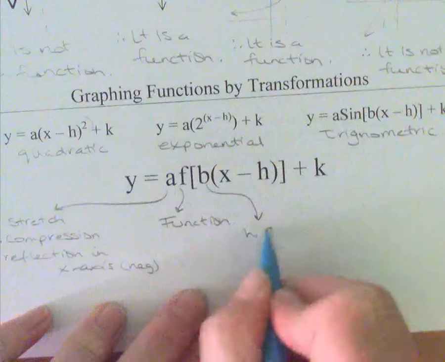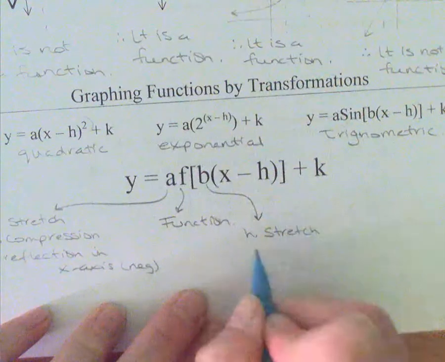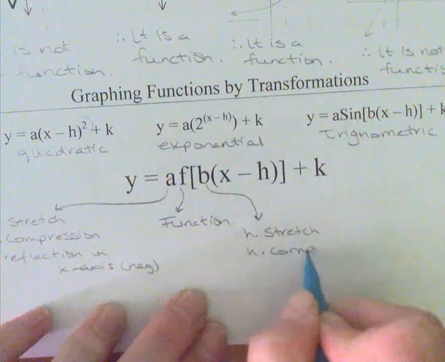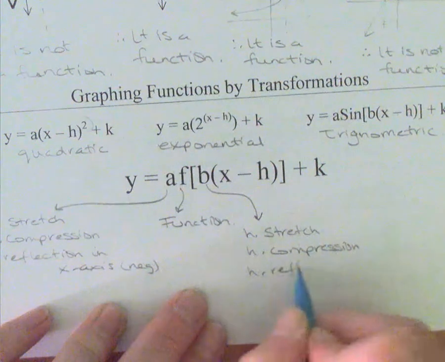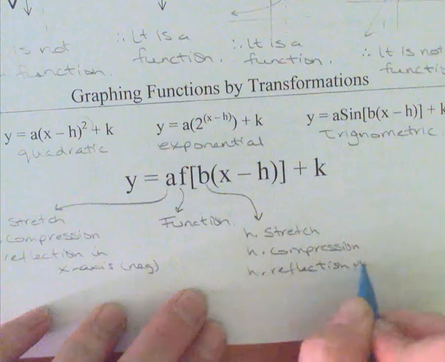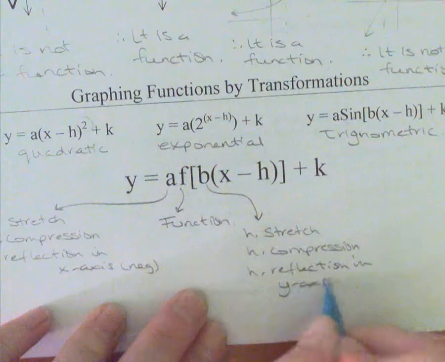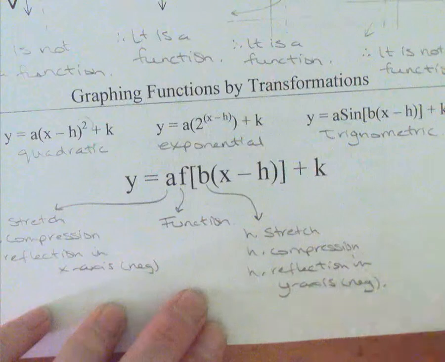B is my horizontal stretch, my horizontal compression, and my horizontal reflection in the y-axis if there's a negative in front.